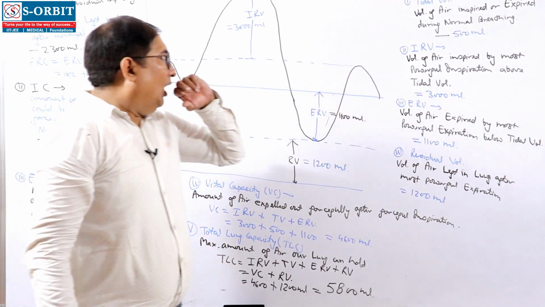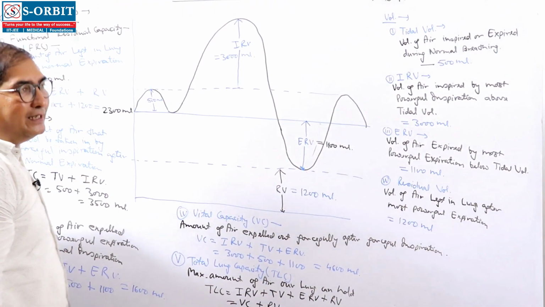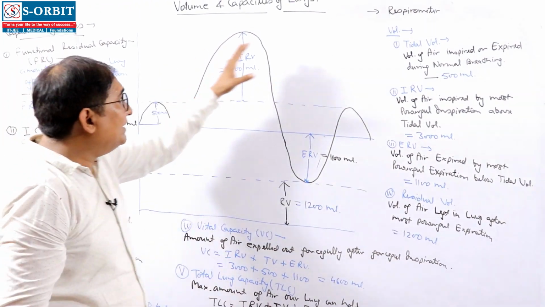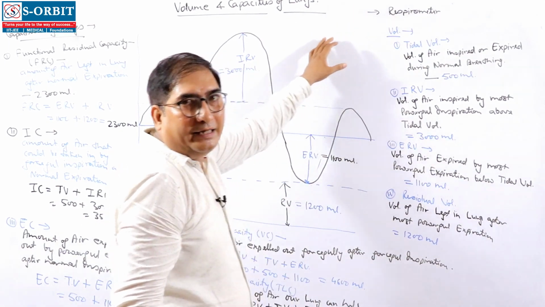So these are volume and capacities of lungs, which is measured with the help of respirometer.